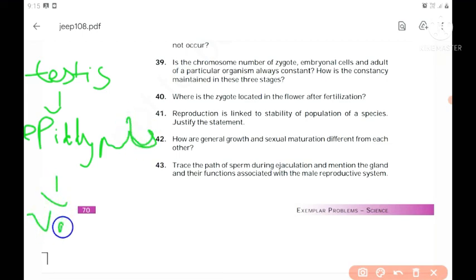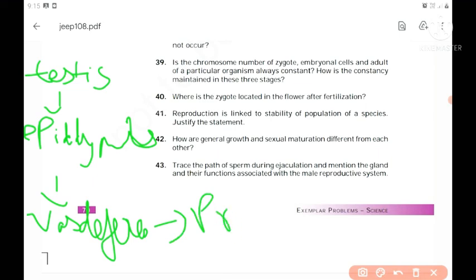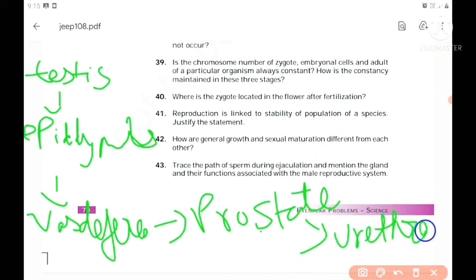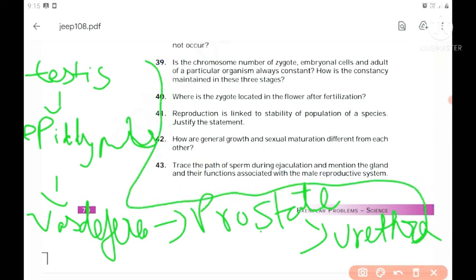Next, vas deferens, and next, prostate gland, and next, finally, urethra. This is the path of the sperm. The first question, right? Testis, epididymis, vas deferens, prostate gland, and urethra.